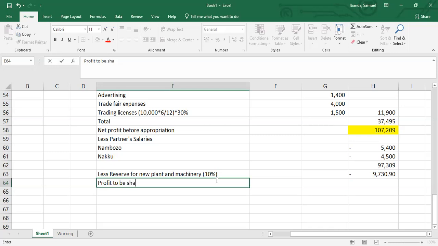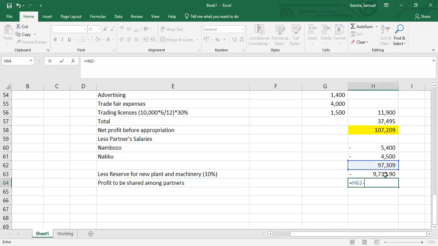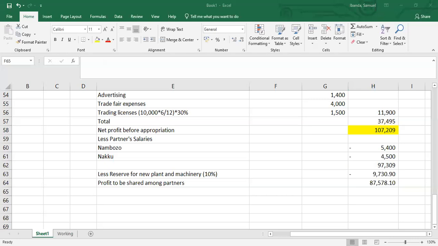The profit to be shared among partners will be this minus that, which gets us, no, sorry, since I've already put a negative here, I'll just add them together. Gets me to 87,578.